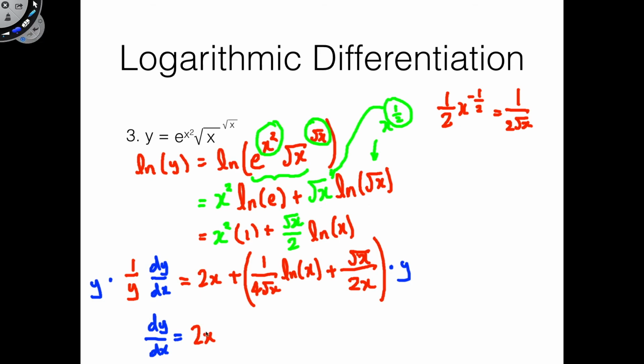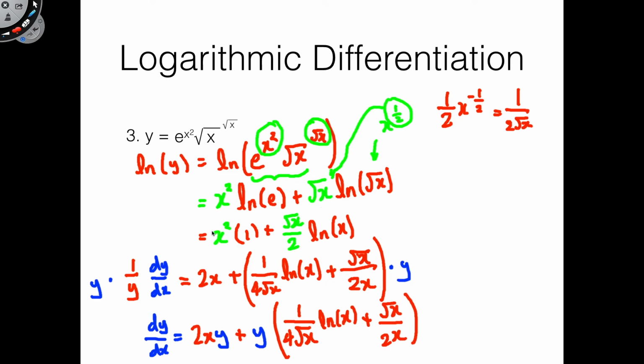Don't forget to tag on the y over here as well, not just to this thing over here, plus y times 1 over 4 root x ln of x plus square root of x over 2x. And that is your final answer.